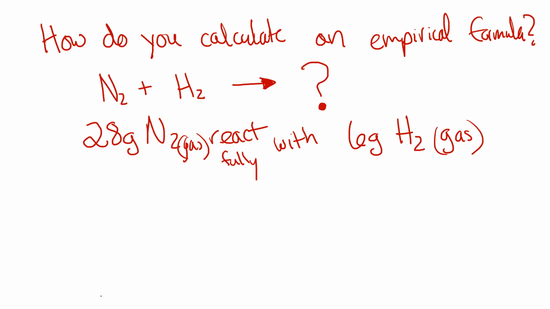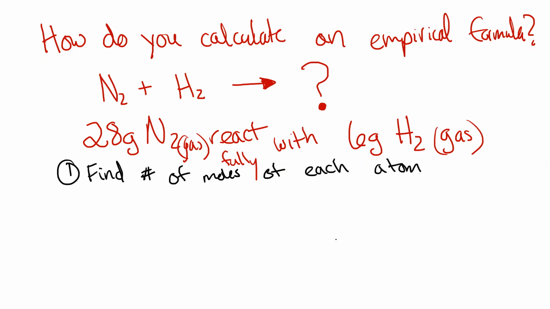We do that. The first thing you need to do is find the number of moles of each atom. Okay. You need to know what are the moles of each atom that have been combined. So you go 28 grams of N2. Now, what's the molar mass of N2?